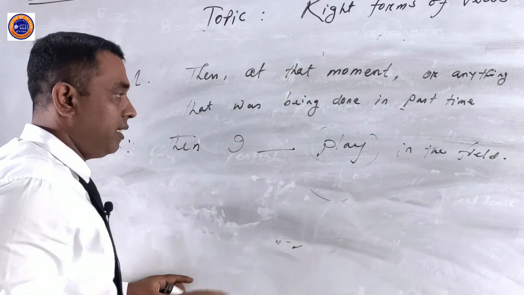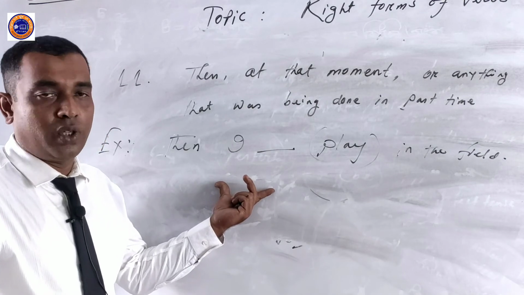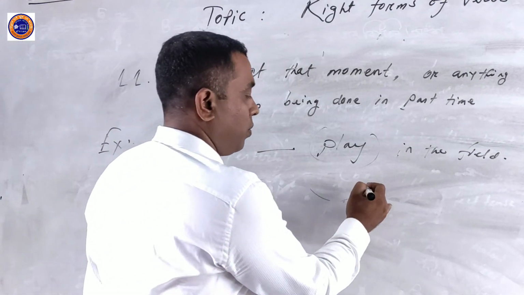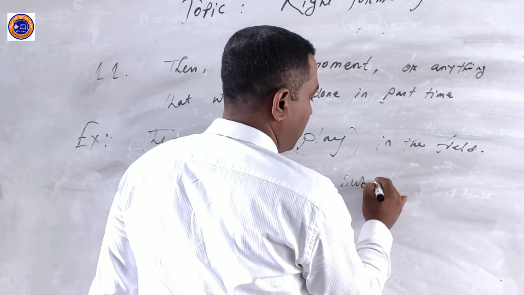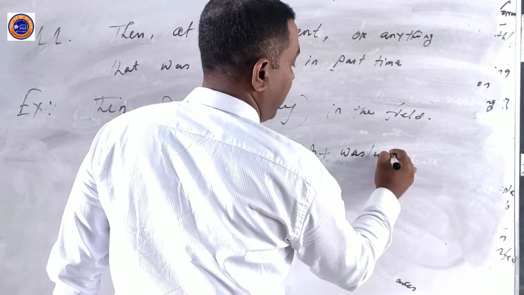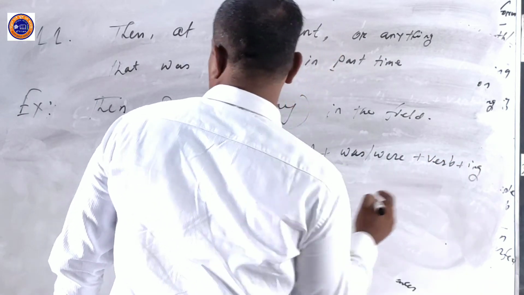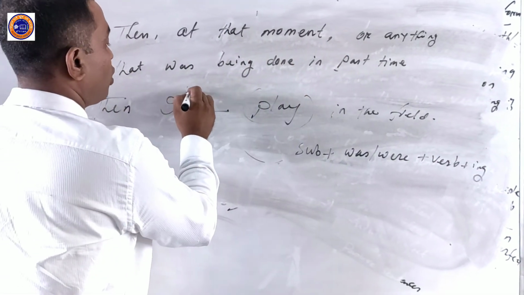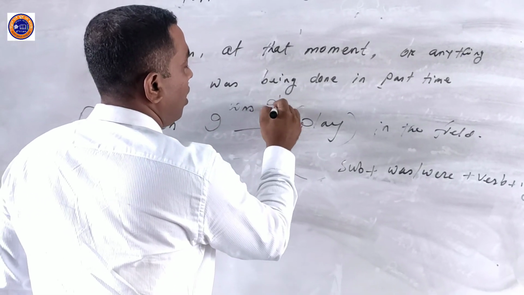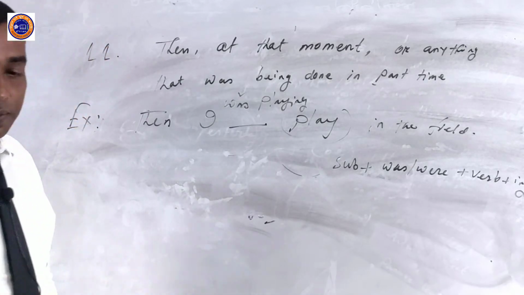You must understand that this sentence is an example of past continuous. So what is the structure of past continuous? Subject plus was or were plus verb plus ing. So, I was playing in the field. This is the correct answer.